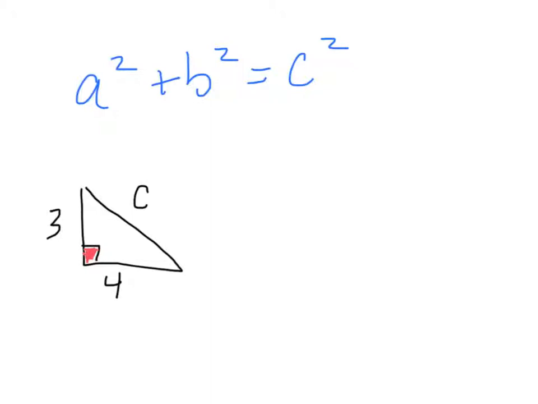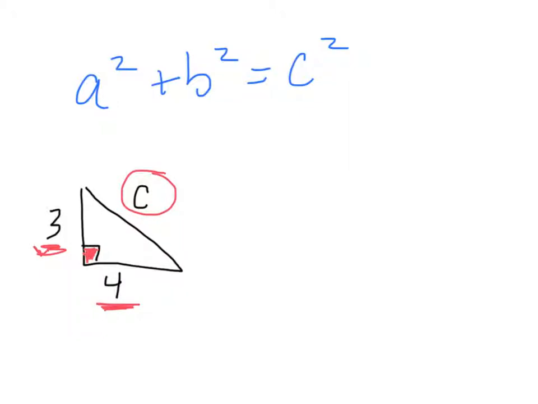With this picture here, we've called one leg a, and it's 3. Here's another leg, and it has a length of 4. Now we're looking to find c.